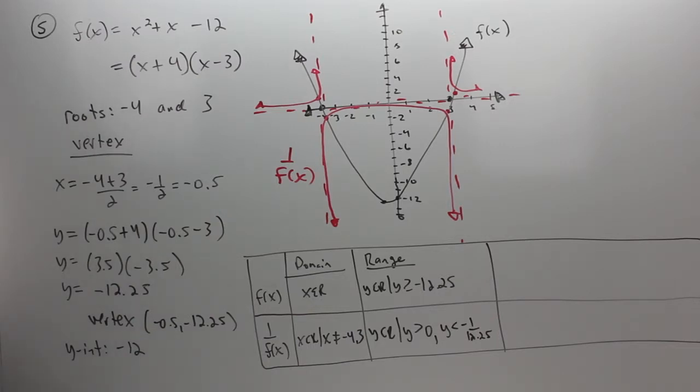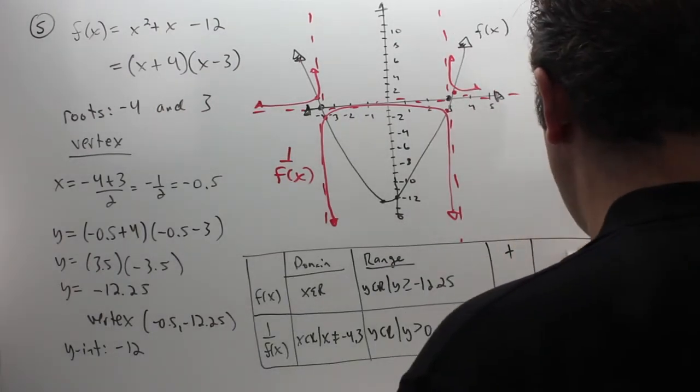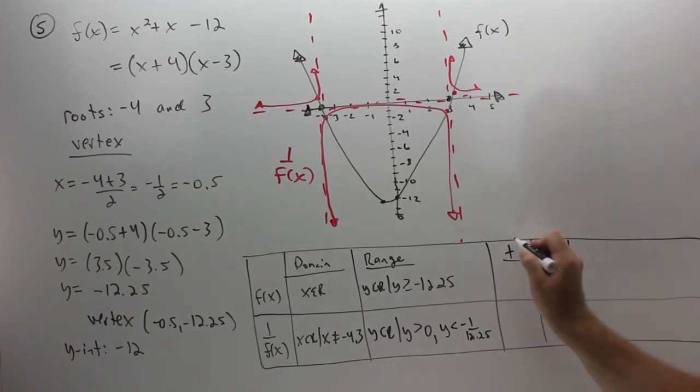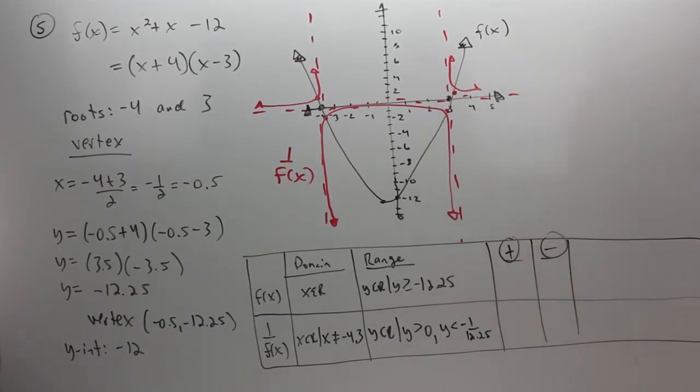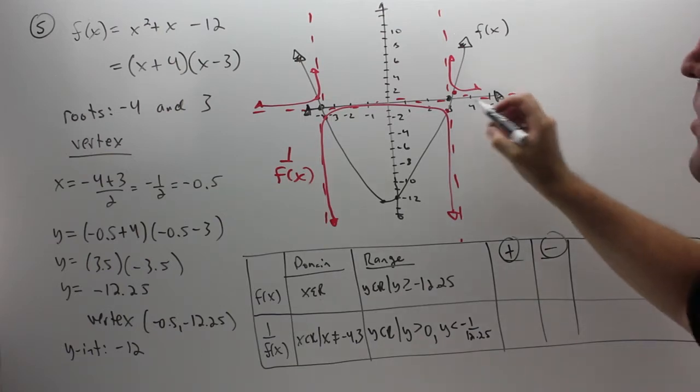Okay, so lastly, we're going to do some positive intervals and some negative intervals. So I'm going to draw a circle around those. So the positive intervals for the original, it's positive from -0.5 to infinity. So from -0.5, no, that's not true. What am I talking about?